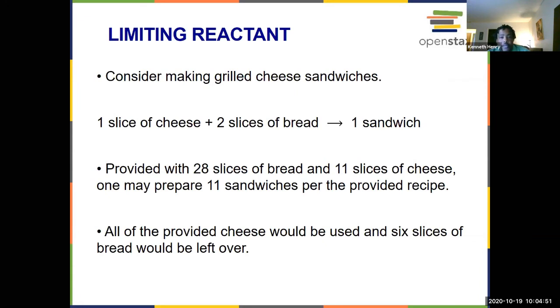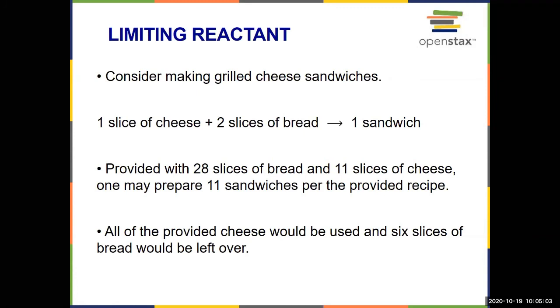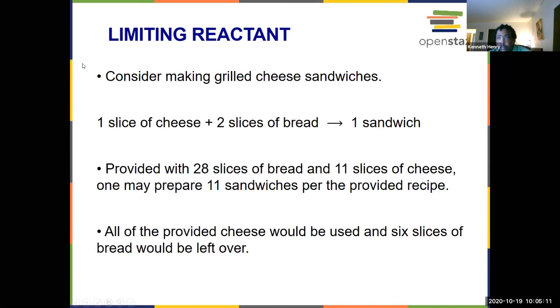So you're always going to be limited by the one that you have the least amount of, right? Now, you've got to be careful about how you look at it, because again, we're talking about quantity, not mass, and not everything weighs exactly the same. Does an apple weigh the same amount as a grape?